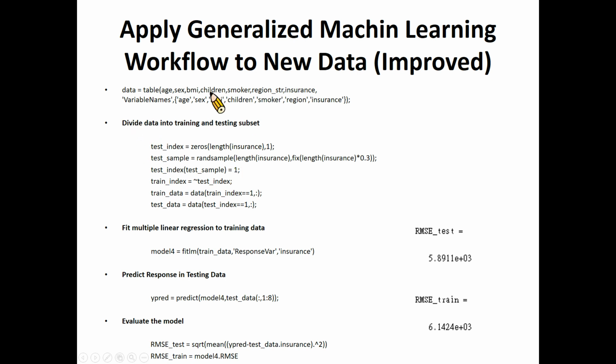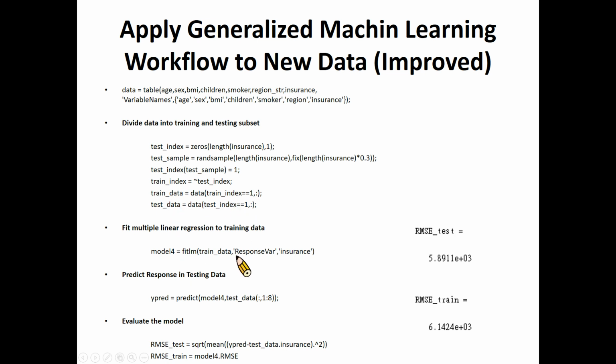You also just use the rank sample function to divide the data into the training data and the testing data. The difference is that the training data and testing data are still table data structures, not numerical only. Okay, so here we can fit the training data with multiple linear regression.